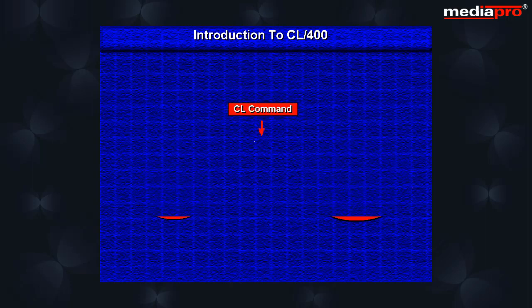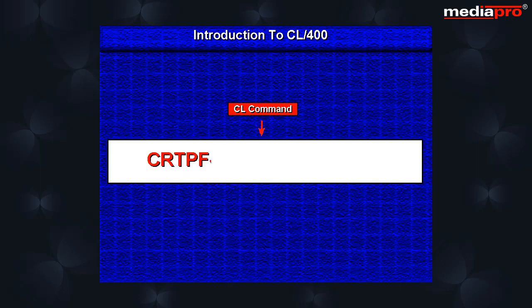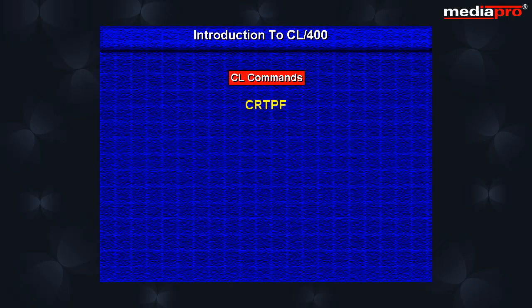Let us look at a CL command CRTPF, that is, create physical file. Any command can be split into two parts. The first part is a verb that specifies an action to be performed, such as CRT for create.